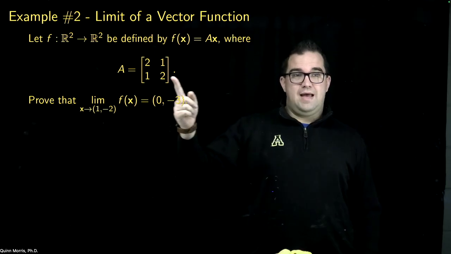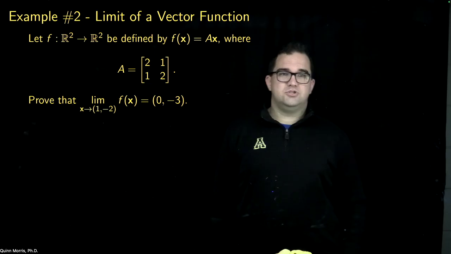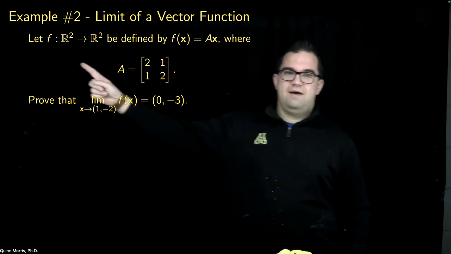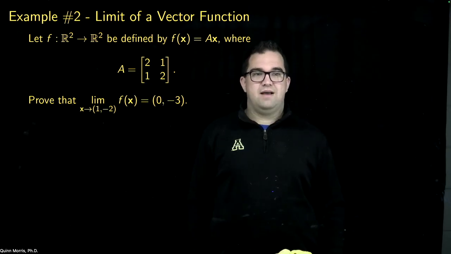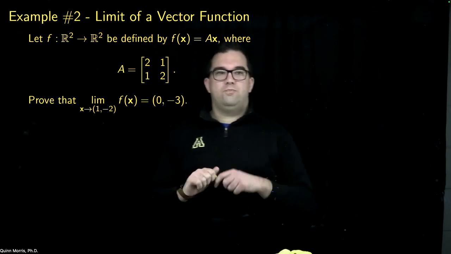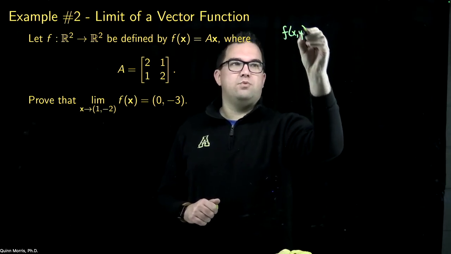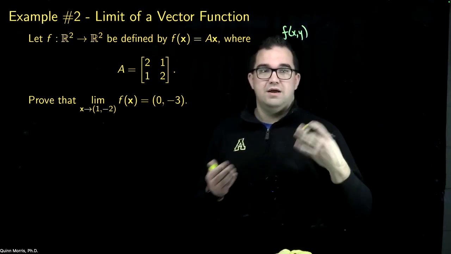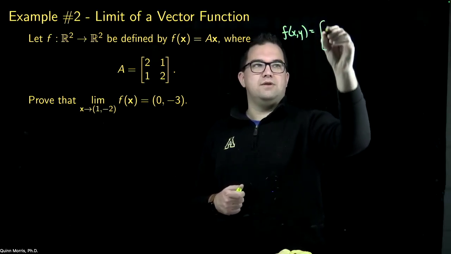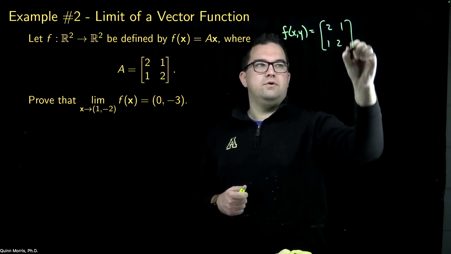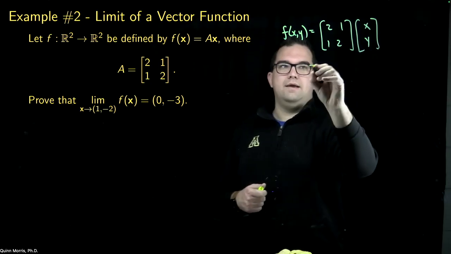So let's do that. So this function f of (x, y), if I just think of x as a vector, is A times that vector x. Now, if you prefer, you could always represent this. So f of (x, y), if you want to think about it instead of a vector as just having two scalar inputs, this is just going to be the matrix [[2, 1], [1, 2]] times a vector whose entries are x, y.